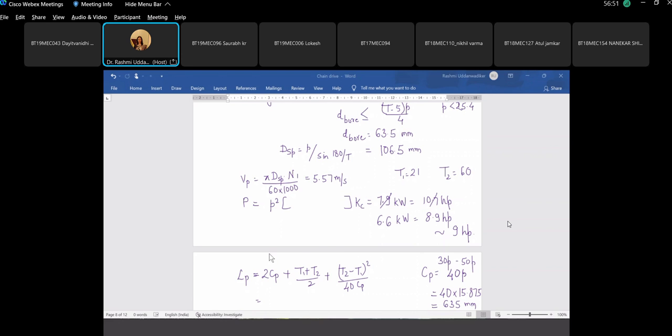What is the value for this? 21, 60. My answer is 121.45. These many number of links. Rajul is getting 121. My others are getting 1311.